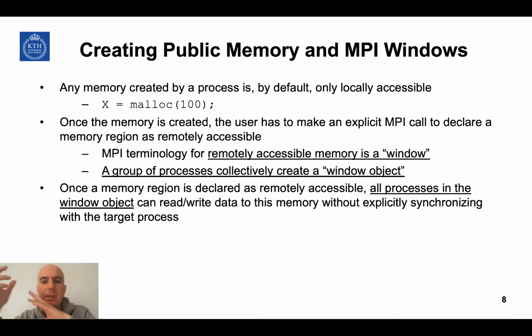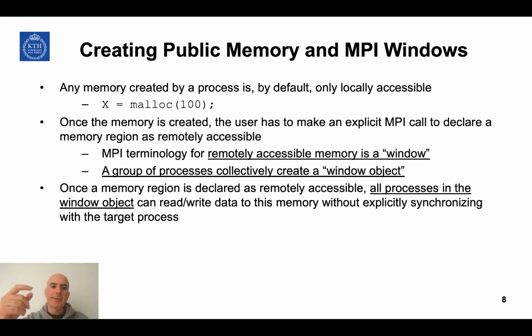There is a slight distinction between a window and a window object. A group of processes collectively creates a window object. So we talk about a window object when a group of processes creates this window. The single memory that is accessible by all the other processes within one MPI process is called an MPI window, which in MPI terminology is different from a window object.